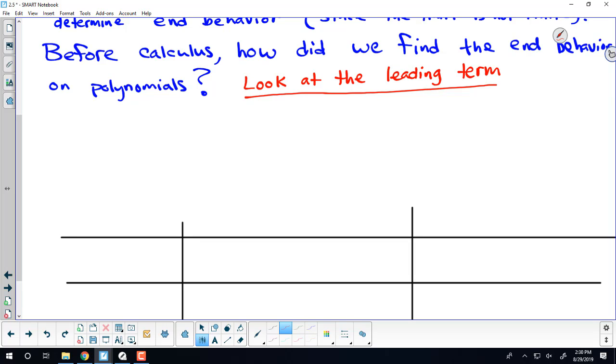So if I had 1 billion to the 7th power plus 1 billion squared, it's still pretty much 1 billion to the 7th power, isn't it? So that's kind of the reasoning you were given. But that reasoning, again, is still based off the limit as x gets larger and larger. What happens to the y values? Okay.